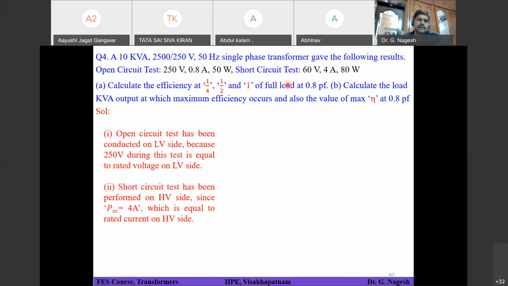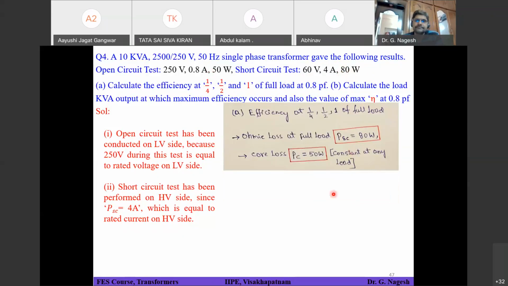At 1/4 of the full load, if you want to calculate the copper loss, it is 1/4 whole square into 80, so 80 divided by 16. Right. We need to calculate efficiency at 1/4, half, and full load. Ohmic losses at full load are straight away given from the short circuit test data, which is 80 watts.